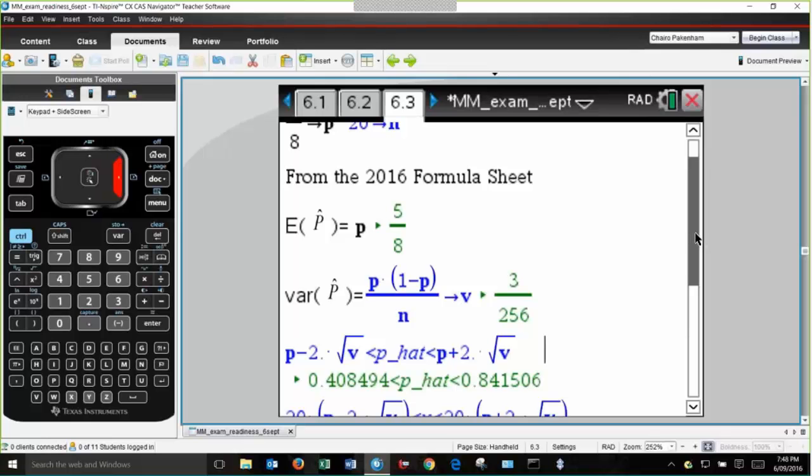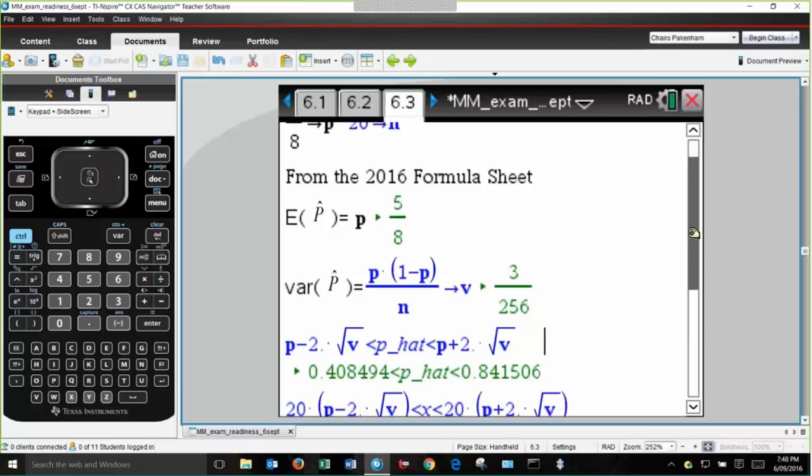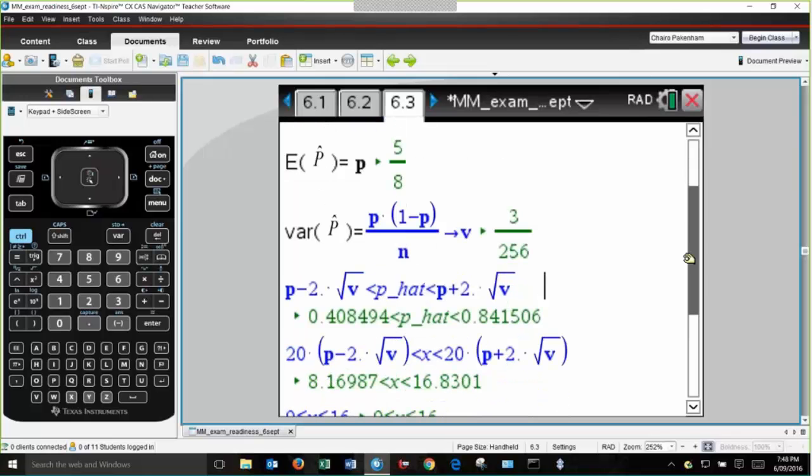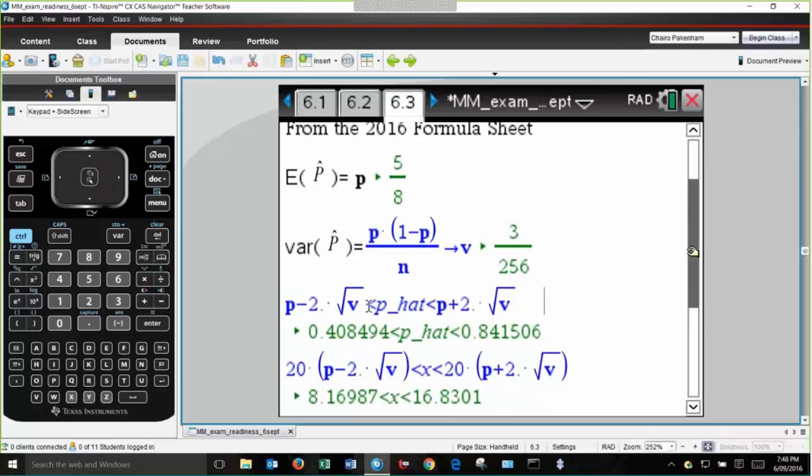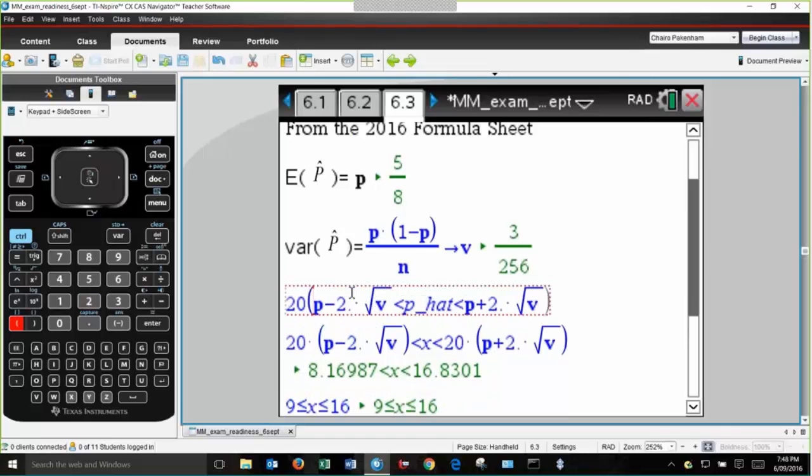So if I take these values here and multiply by 20, then instead of having p hat, I've got x.